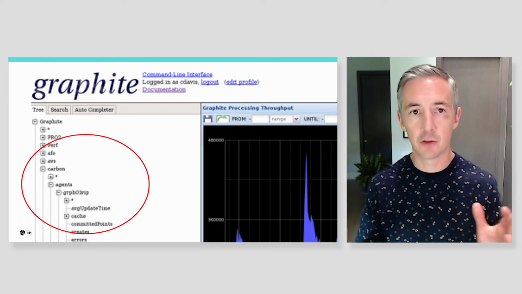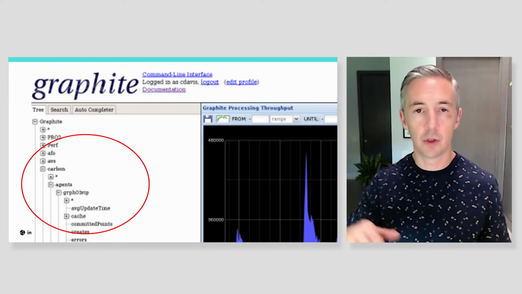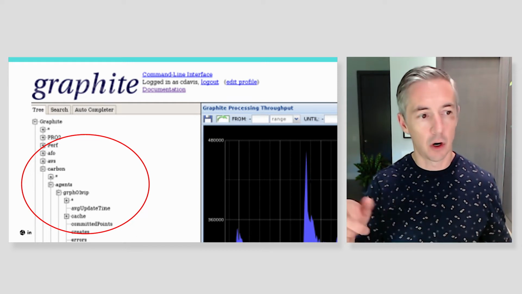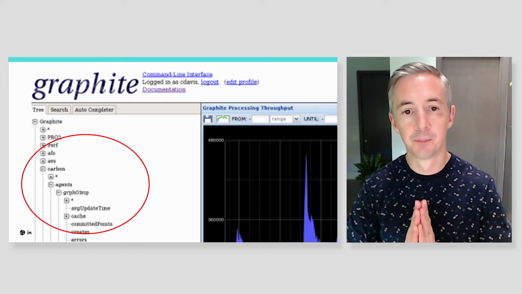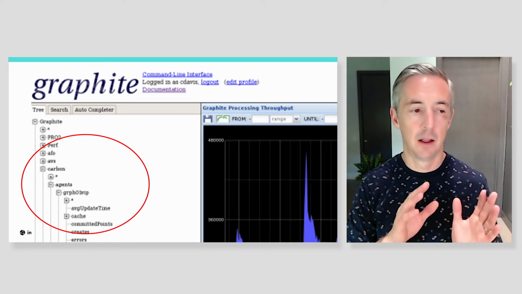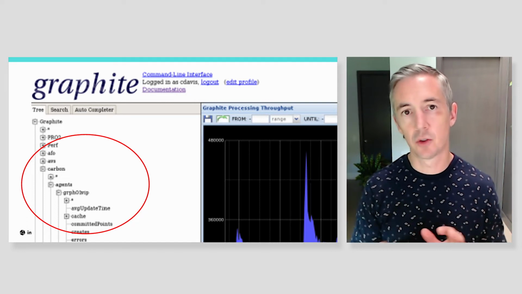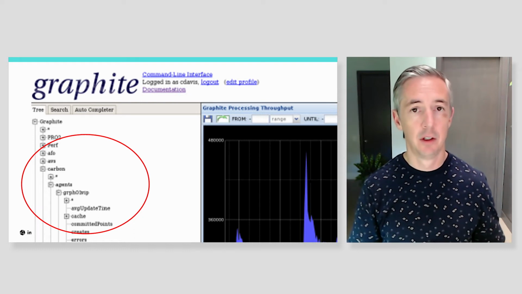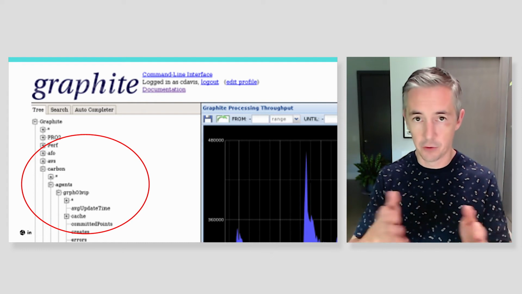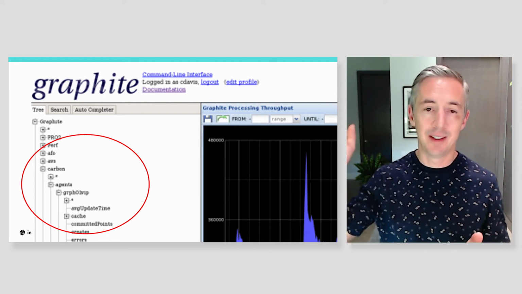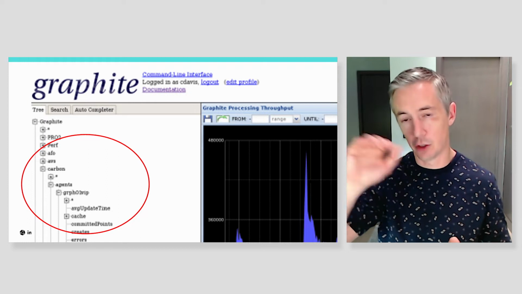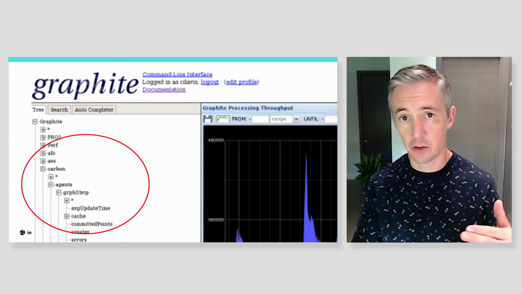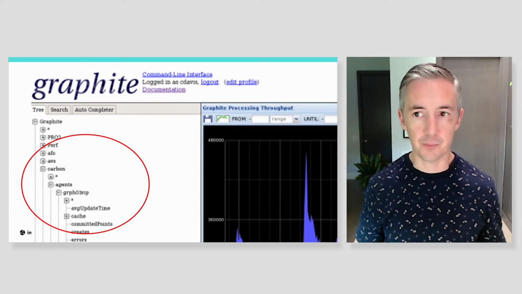In Graphite metric names, those different spots on the tree would be separated by periods. So you'd have graphite, period, carbon, period, whatever. That organizational structure was actually an artifact of the underlying implementation, because it was a file system with a bunch of different directories, and at the leaf of the directory would be the individual time series file, which was just a round-robin database.